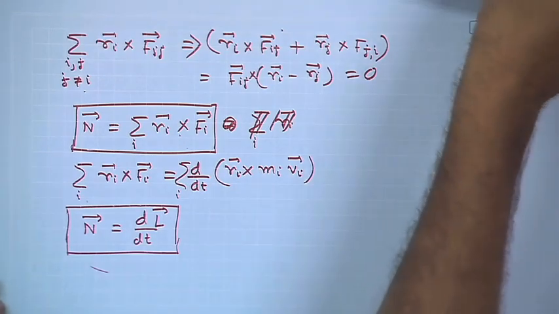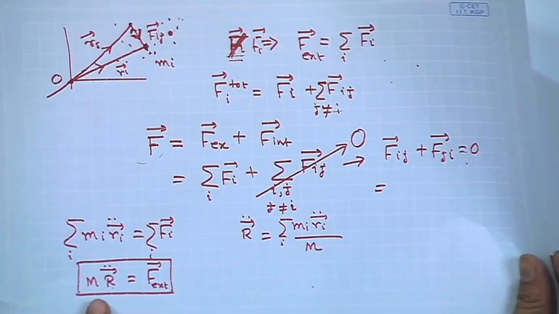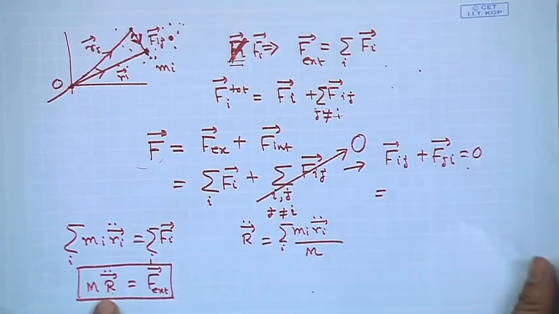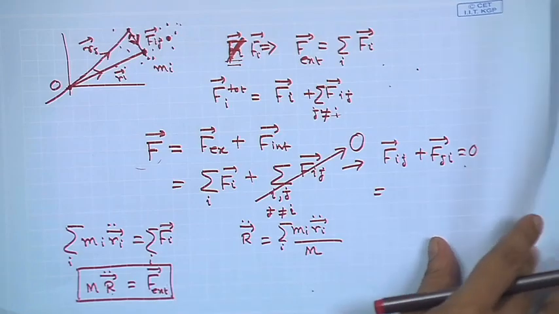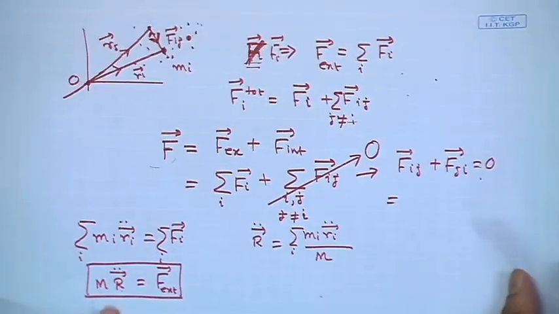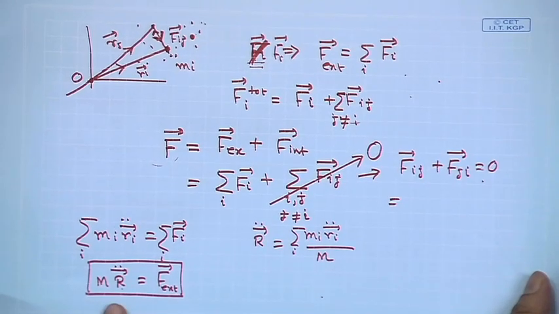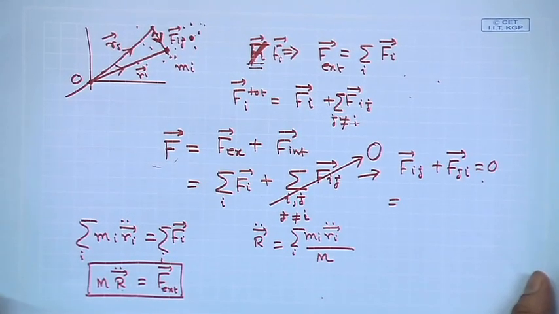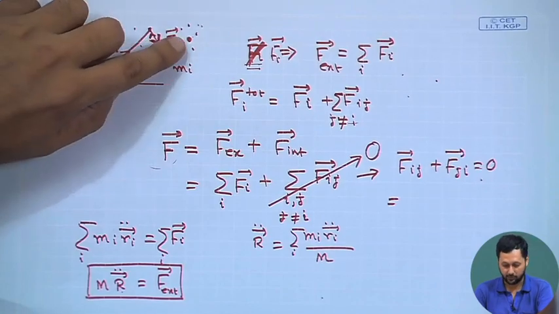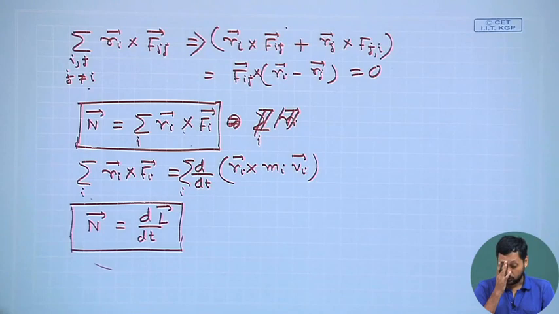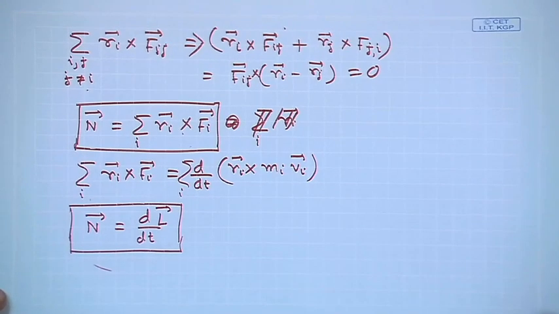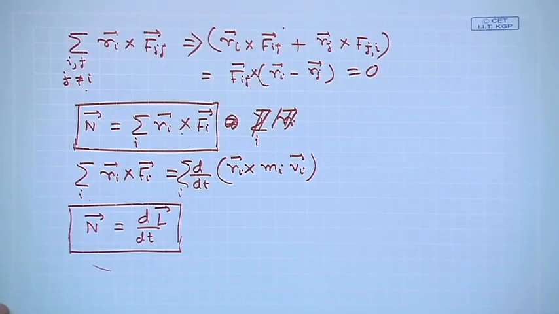We see that Newton's second law, relating the rate of change of momentum with external force, is valid for a system of particles as if the entire mass is concentrated at a particular point, called the center of mass of the system. And the total torque due to the external forces for a system of particles is equal to the rate of change of angular momentum.